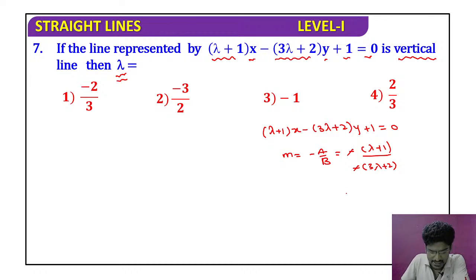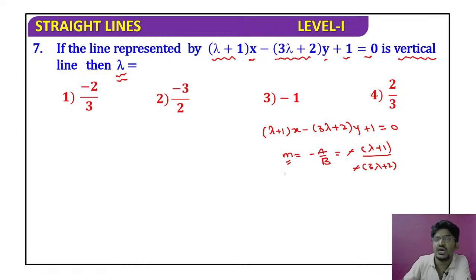Lambda will get cancelled. Now you have to identify M. So that is my target. Some of you are telling it as minus 1. Please solve it and tell it. One of you is telling it as 2 by 3.